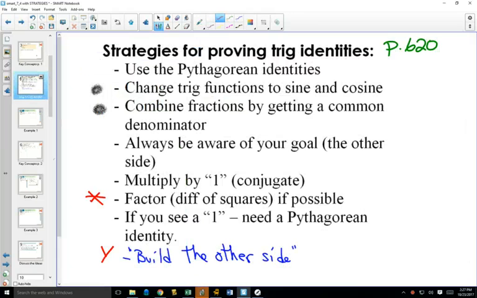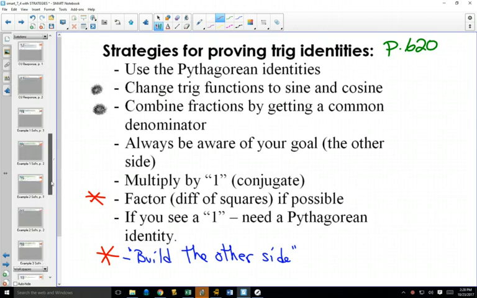I'll highlight this one and this one. You are either going to try to factor, aka if you have a difference of squares, or you are going to build the other side. And this example is the one where we're going to use this last one, which is build the other side.